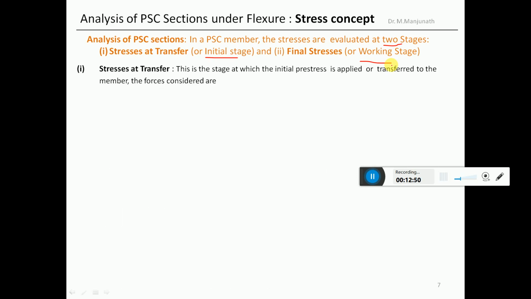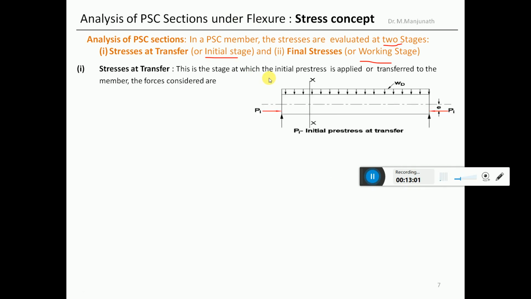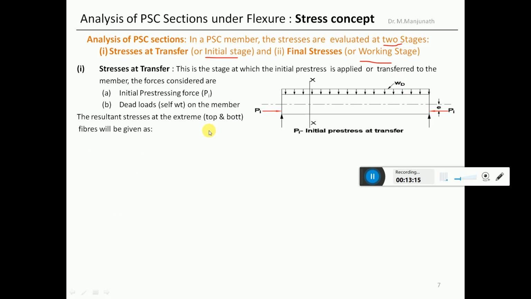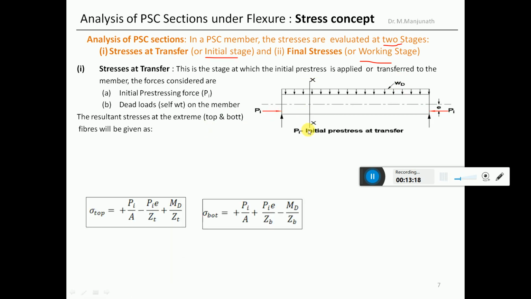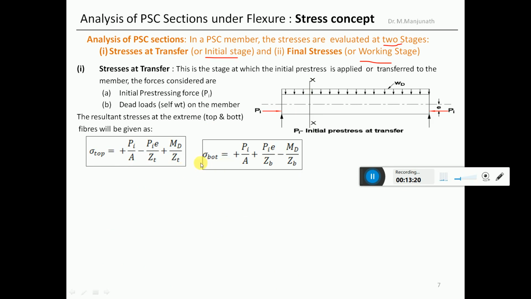So the initial stage, or the transfer stage, as we call it, is the stage where we have the initial prestressing force applied to the member, and at this time only the dead load is acting on the member, and the resultant stresses at any section are given by these expressions which we had just now obtained. So this is the stress state at transfer stage.